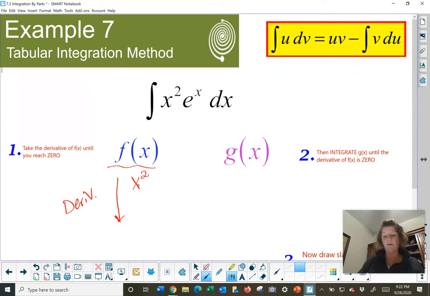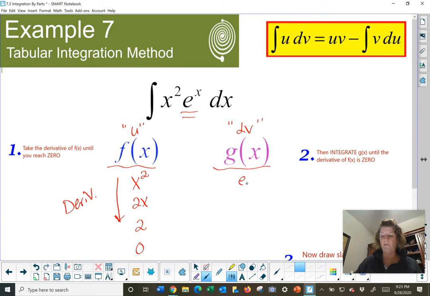So if I take its derivative, I'm going to get x squared, 2x, 2, and 0. This was nice because it zeroes out. My other function, g of x, acts as my dv, and I'm going to integrate the dv.